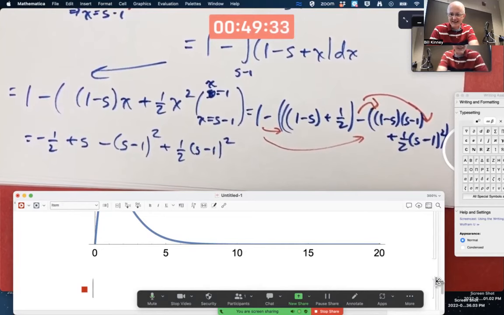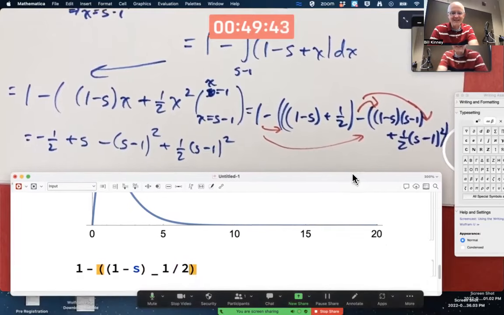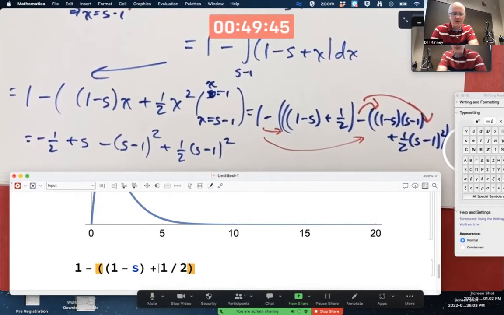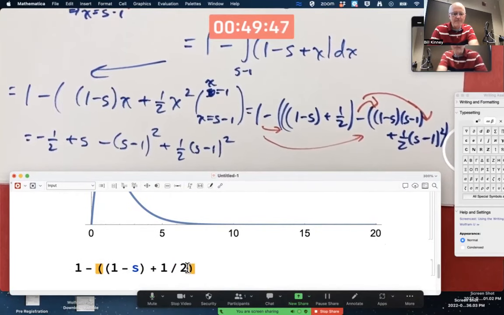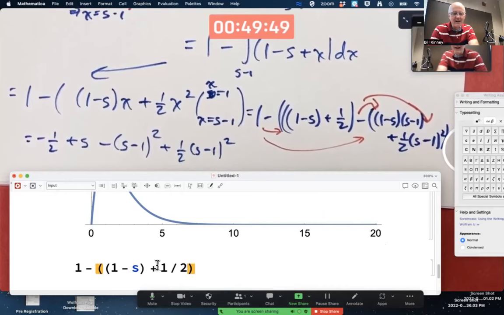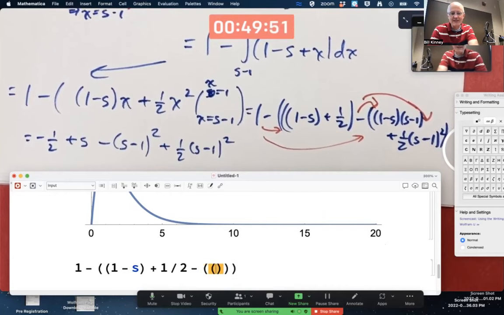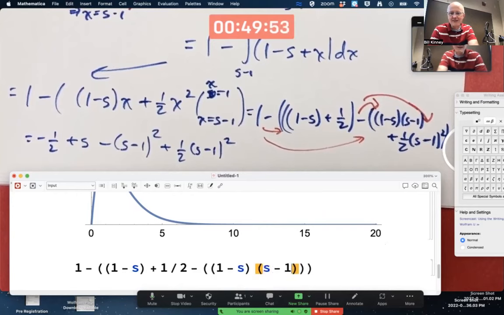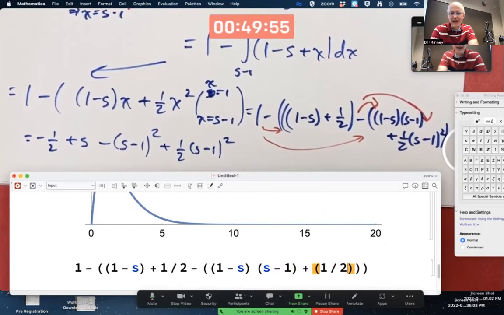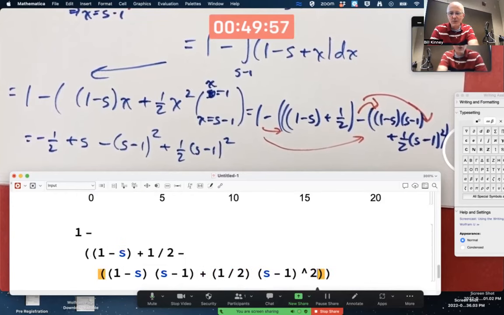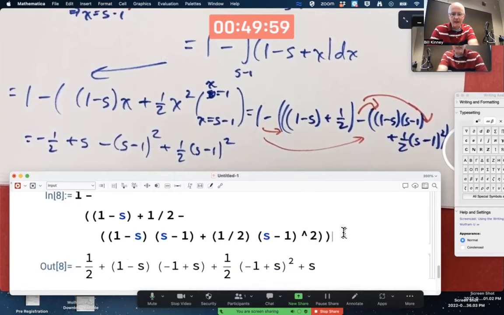Okay, stop it. 1 minus in parentheses, 1 minus s. I'm just going to type the whole thing here. Plus 1/2, not underscore. Minus in parentheses, 1 minus s times s minus 1 plus 1/2 s minus 1 squared, and hopefully I didn't make a typo. Okay, expand.